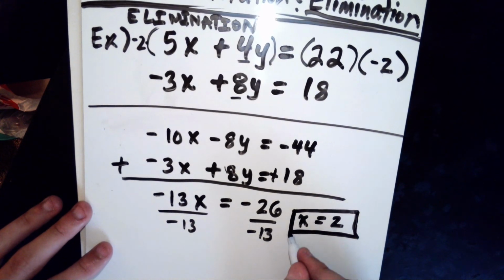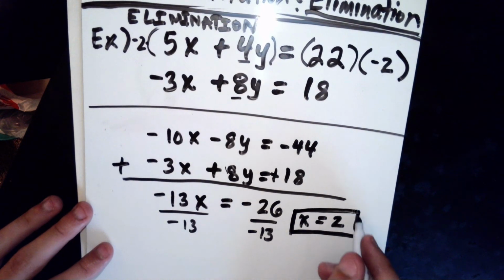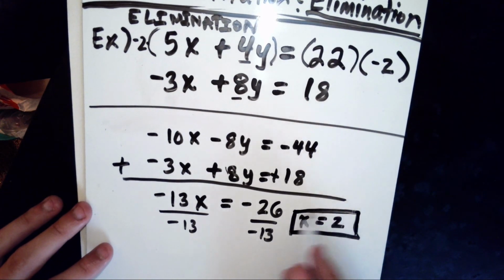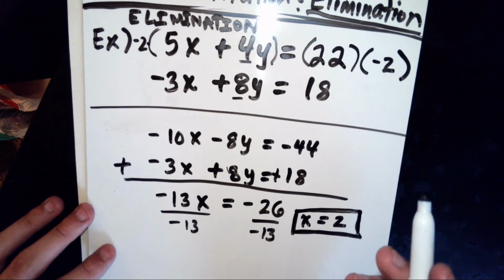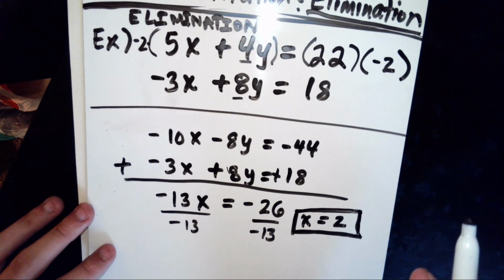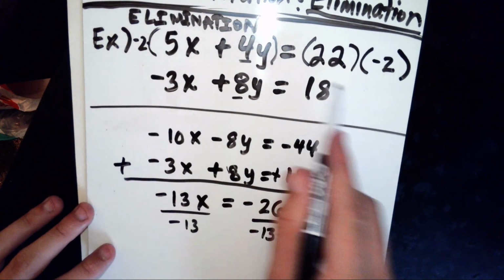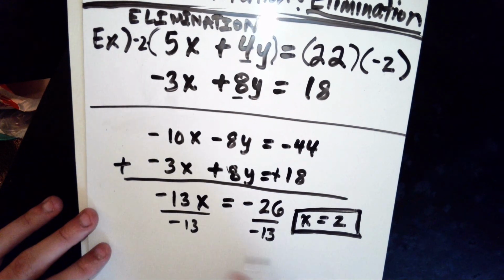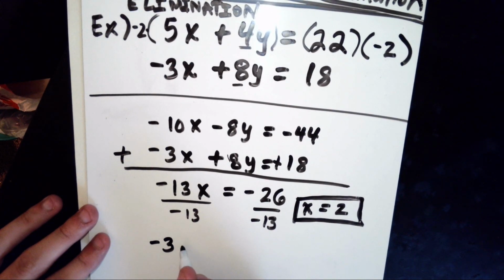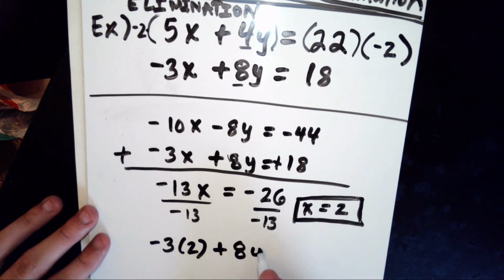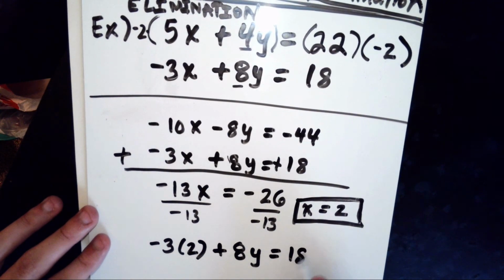But now we can just substitute x back into our equation to determine what y is. So, for example, using equation 2, we would have -3 times 2 plus 8 times y is 18.